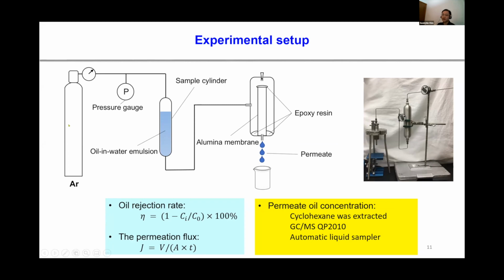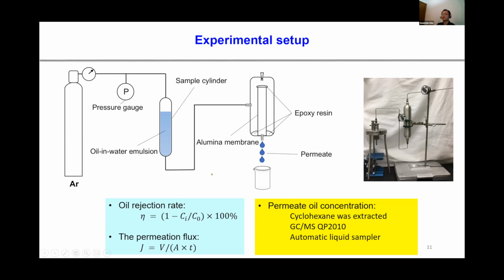On the left-hand side, a compressed argon gas cylinder was prepared to apply a pressure of around 3 bar on top of the membrane feed side. The separation happens as water permeates across the membrane, and we have a tank below to gather the permeate solution. So the driving force for this separation is pressure.